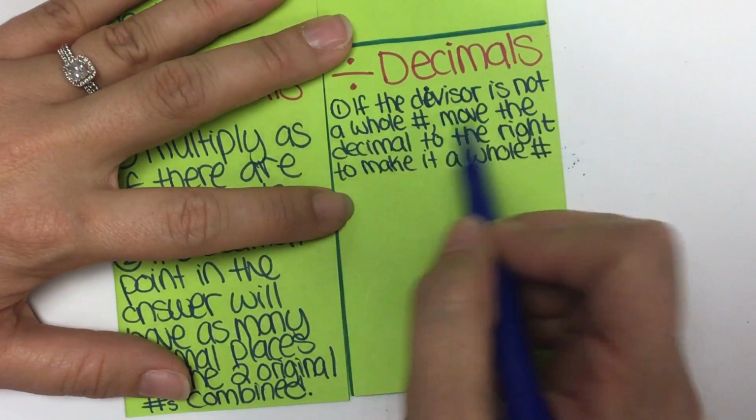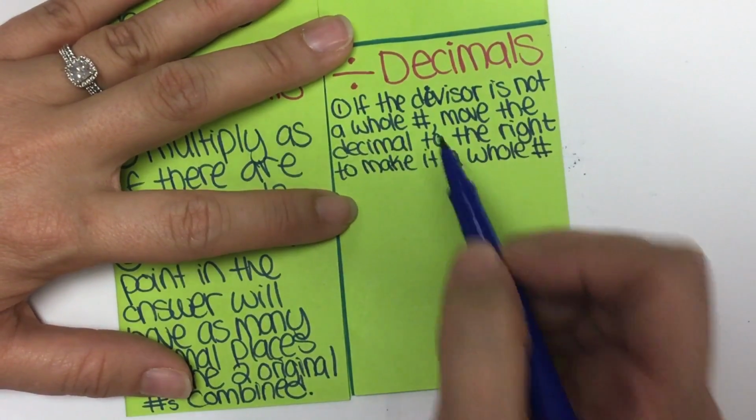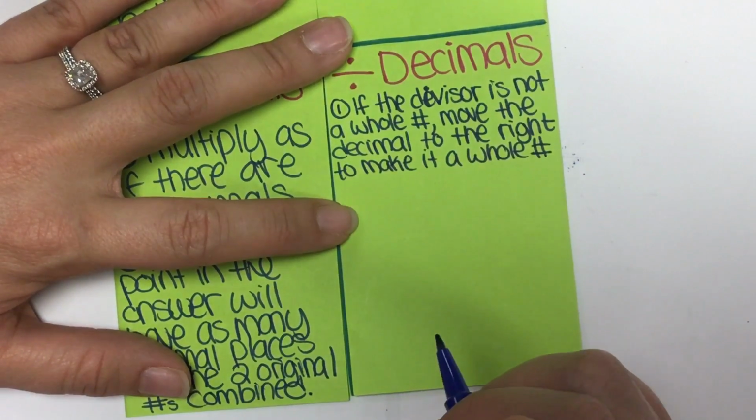So if the divisor is not a whole number, it has to be. We are dividing by a whole number. You move the decimal to the right to make it a whole number.